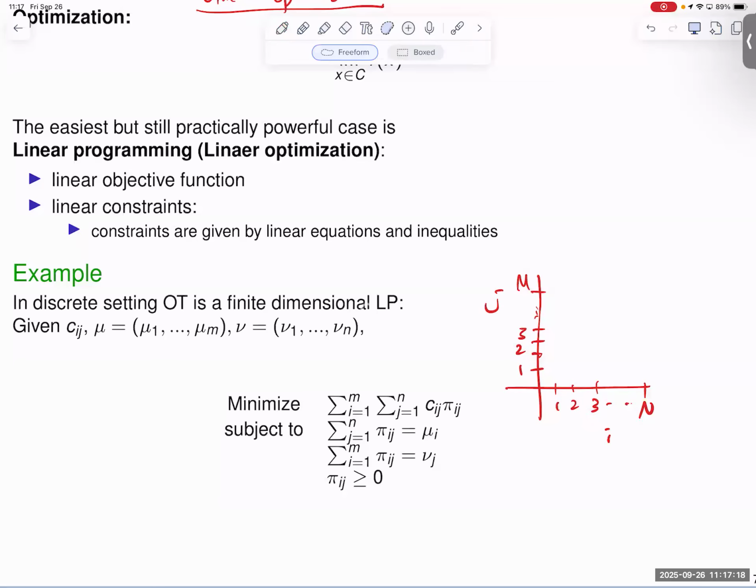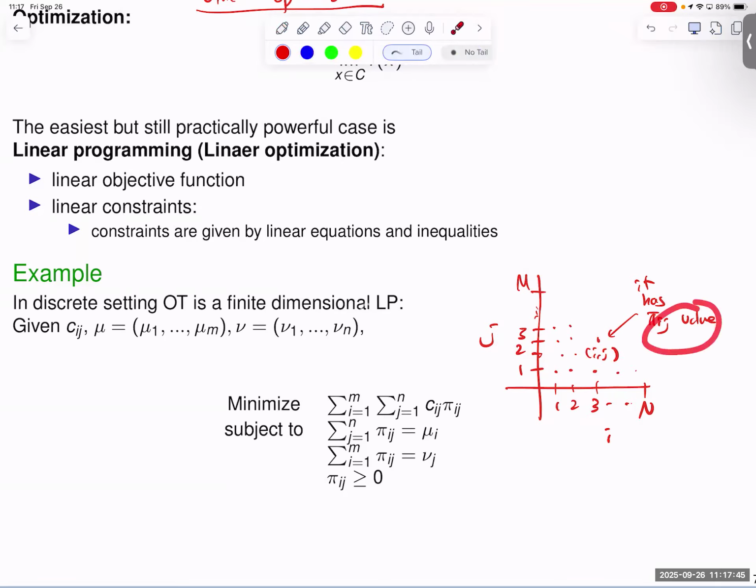Then you have the product space of these points, and each point has a pi_ij value. So pi_ij defines how much mass is at each point ij. So pi_ij is a transport plan, and it's the decision variable of this problem.